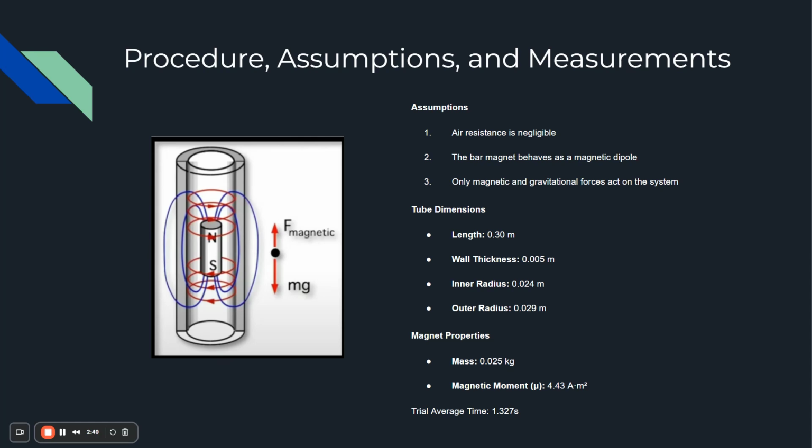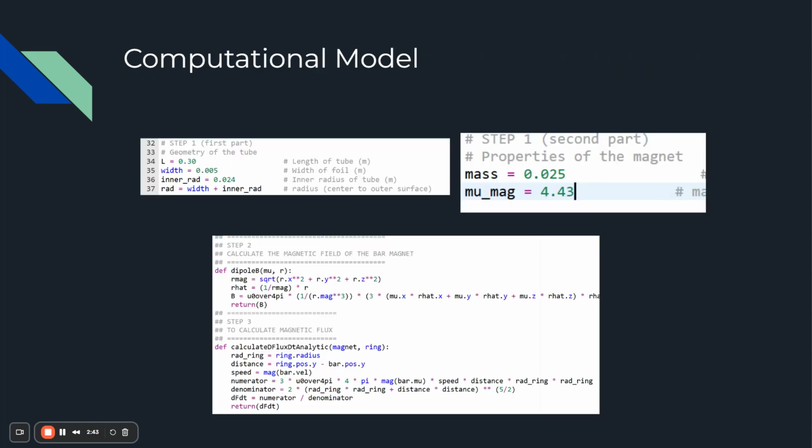Here are all the measurements on the right, and the trial average time ended up being around 1.327 seconds. And in the GlowScript, I started by defining initial conditions, magnet and tube properties, and physical constants. And then I calculated the magnetic field and flux.